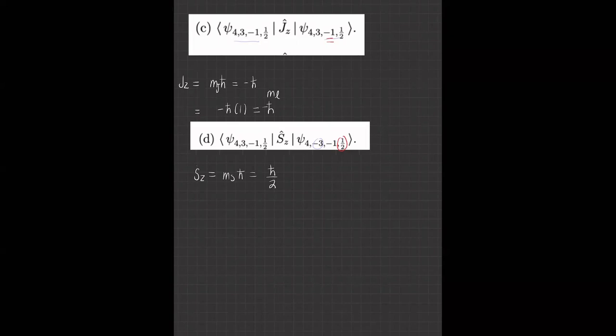First, I forgot to also say that we need to check if the quantum numbers make sense. So from here, just check the sheet. This is less than 0, which is not possible.